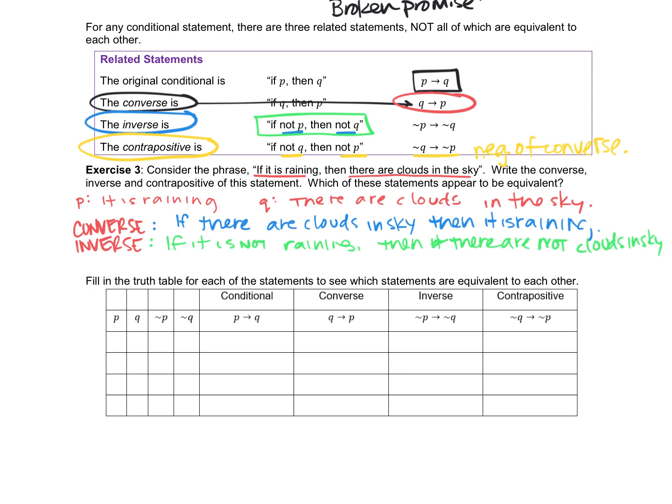And then lastly, for the contrapositive, that's the negation of the converse. So I'm looking at the converse. So if there are not clouds, then it is not raining.